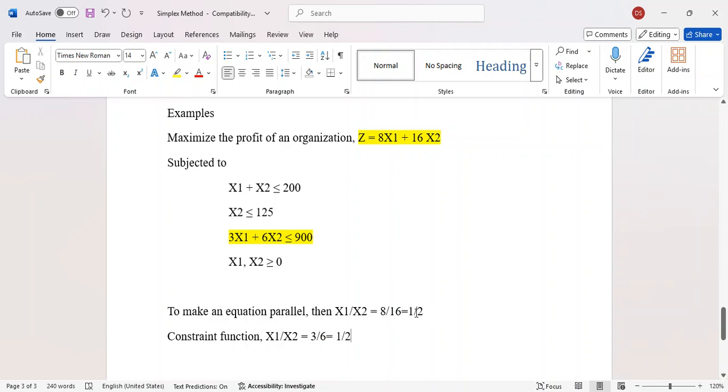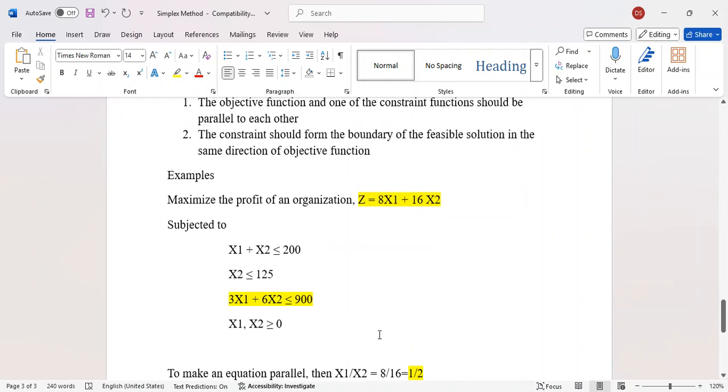Just mark it. Here you find 1 by 2, and here also 1 by 2. When you make the ratio of the variables with their respective coefficients, if both are the same, then the objective function and constraint function are parallel to each other.